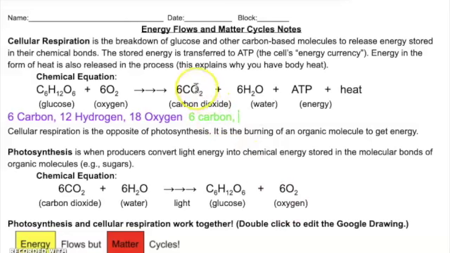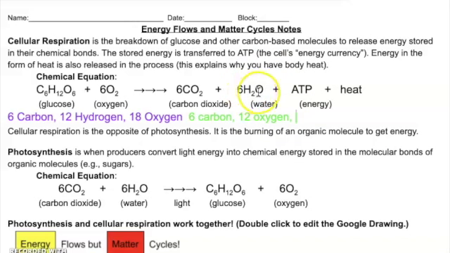For oxygen, again, we will get 12 oxygen atoms out of this. So for CO2, we have 1 carbon atom that is bonded to 2 oxygen atoms, and we have 6 of those molecules. Okay, so that totals up to 12 oxygen total.